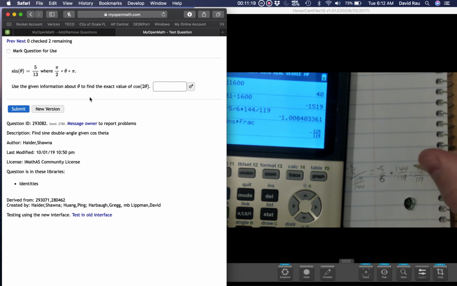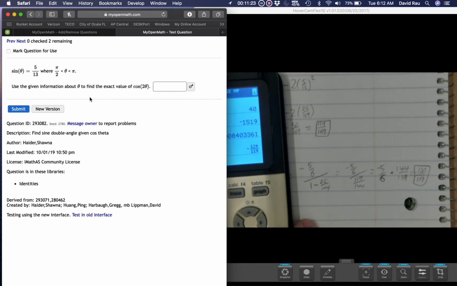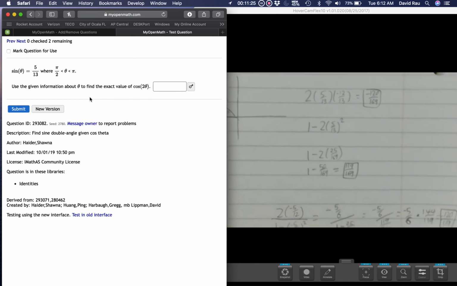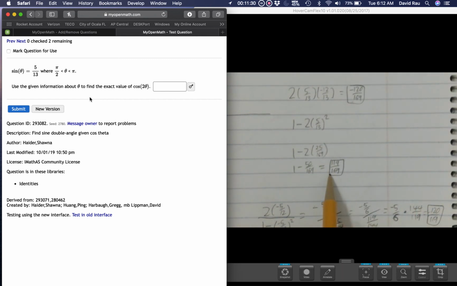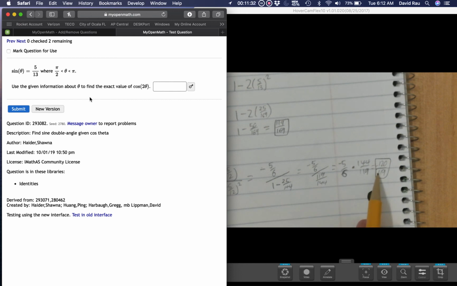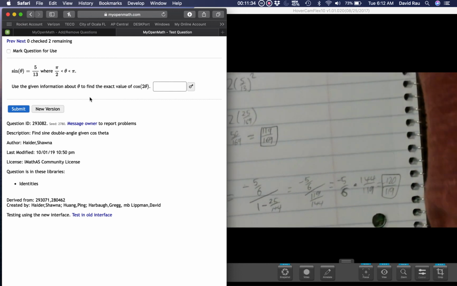Now, when you're done with your tangent problem, if you have to find the other two along the way, let's maybe look at this. Take a look at what sine was, take a look at what cosine was, and now look at what tangent is, and that is definitely significant for a reason.